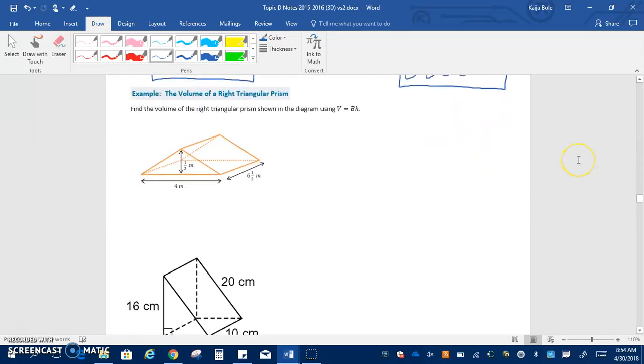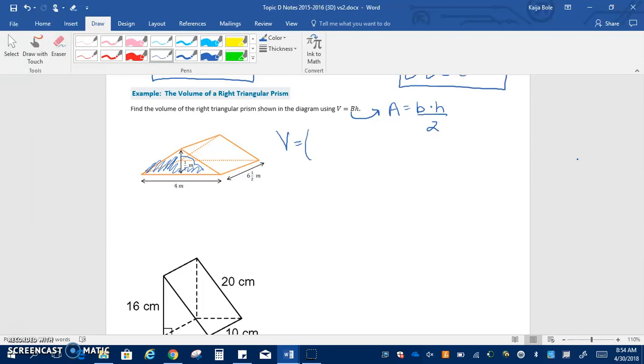Now we have a right triangular prism. So this is where we really use that B for the area of the base. And remember, the area of a triangle is base times height divided by 2. So now for our volume, I'm going to use this front face here to be our base. So we have V equals the area of our triangle.